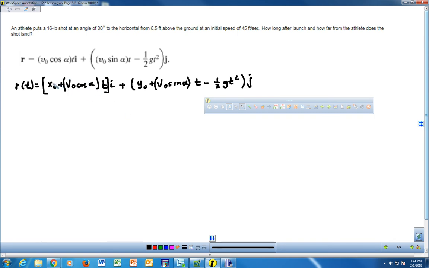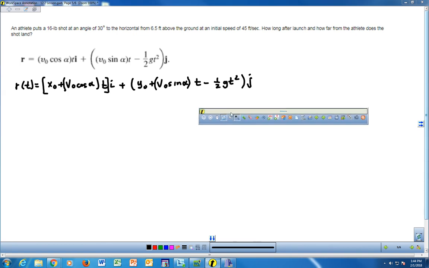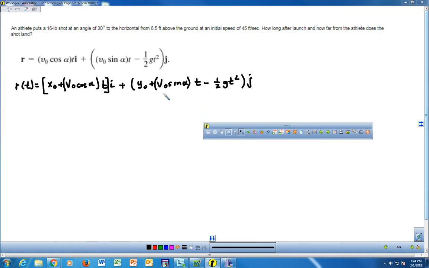This is just an additional value that will be added to it, depending on where it starts. If it starts from somewhere on the left side, on the right side, whatever the starting position is.